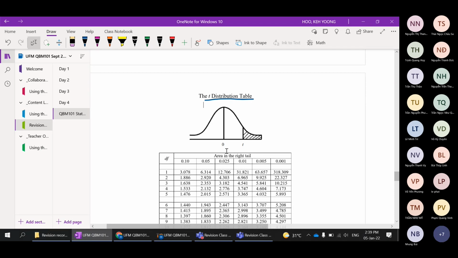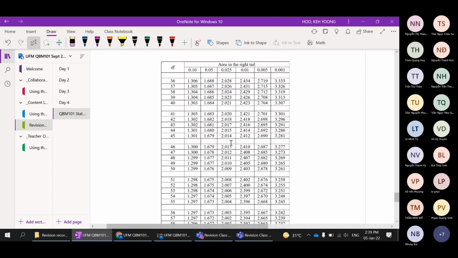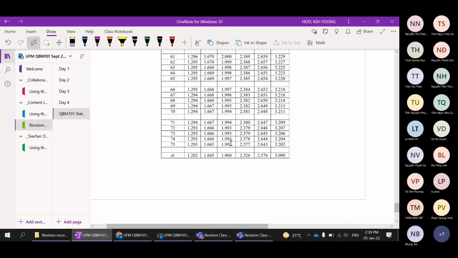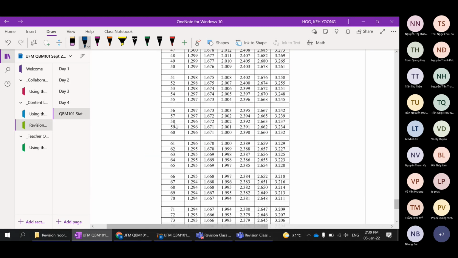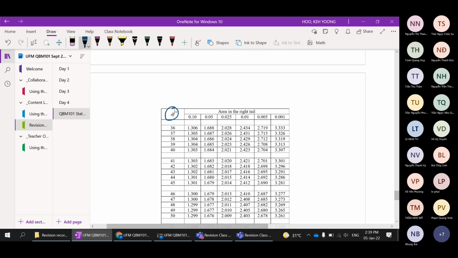My method is I ask my students to look at the T distributions table, go to the second page, the last page, and look at infinity. Look at the degree of freedom, df.